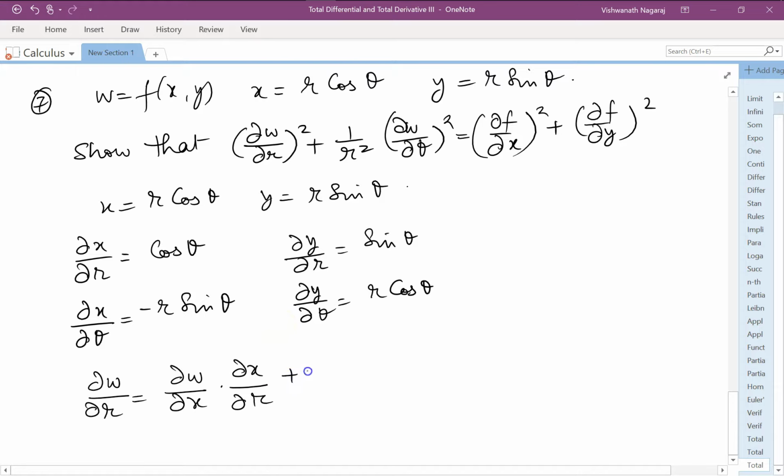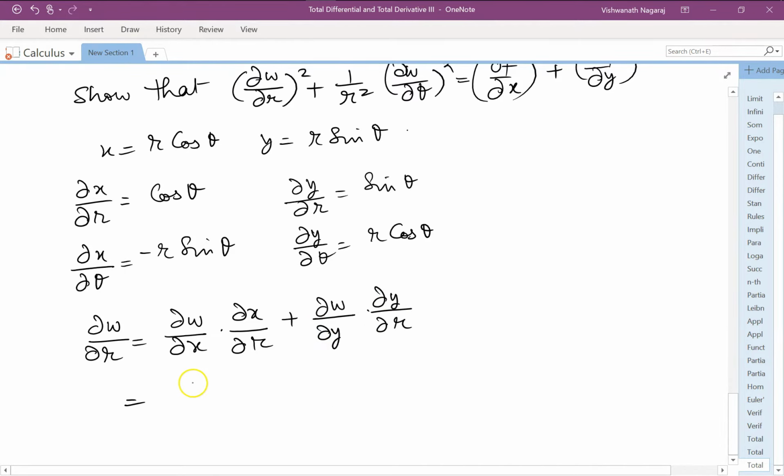Okay, so plus ∂w/∂y times ∂y/∂r. So ∂w/∂x times, now ∂x/∂r is what? Cos theta. So cos theta plus ∂w/∂y. Now ∂y/∂r is sin theta.